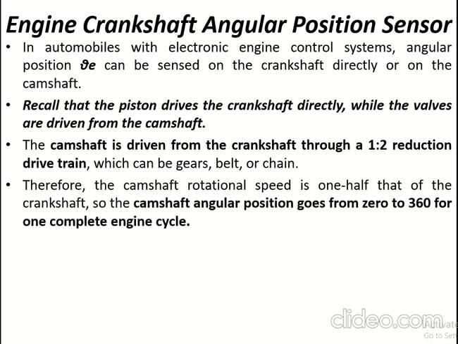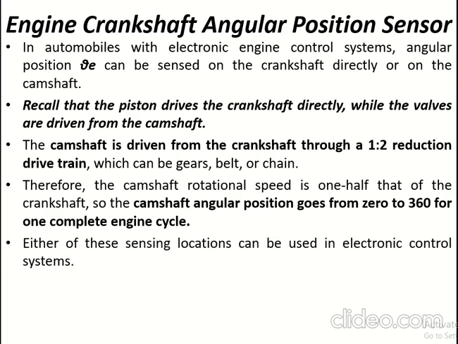So the camshaft angular position goes from 0 to 360 degrees. In the previous slide we discussed that the crankshaft rotation goes from 0 to 720 degrees, but here it is clearly mentioned that the camshaft angular position goes from 0 to 360 degrees for one complete engine cycle.